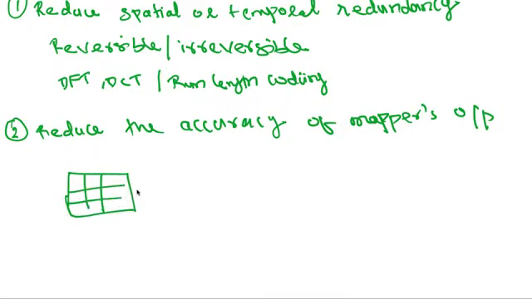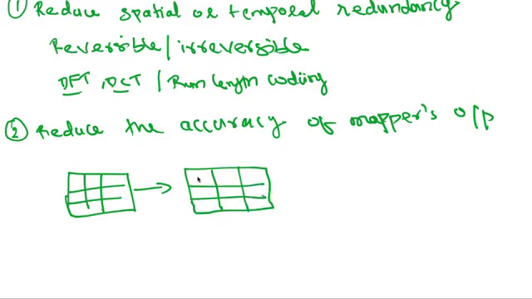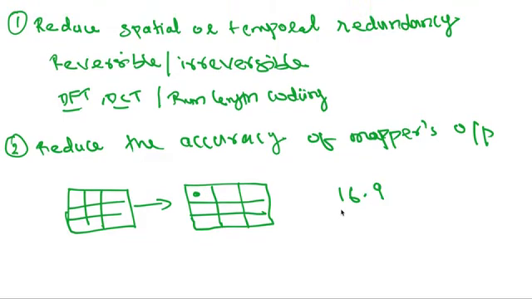After finding the mapper's output, this image is transformed using certain transformations such as DCT or DFT that I mentioned previously. So imagine that the number that you get at this particular point is, let's say, 16.9. What the quantizer does is, this number will be rounded down, or floored, to the value 16. We actually don't care about whether the number is 16 or 16.9, because even if we omit the quantity 0.9, that will not make any big difference in the appearance of that image. So I can reduce the accuracy at this point, and I will get the number 16.